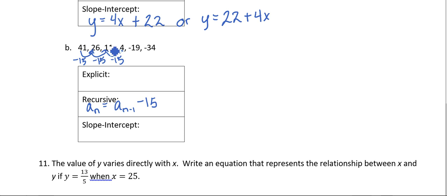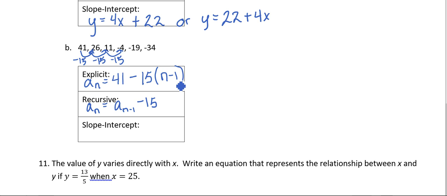Okay, my explicit rule: to find any term, I'm going to take my first term and add my common difference, in this case minus 15. I'm going to do that one less than the term I'm looking for, so n minus 1.